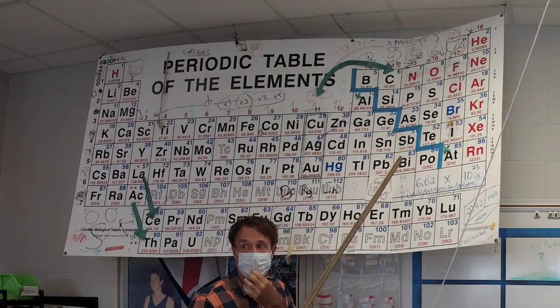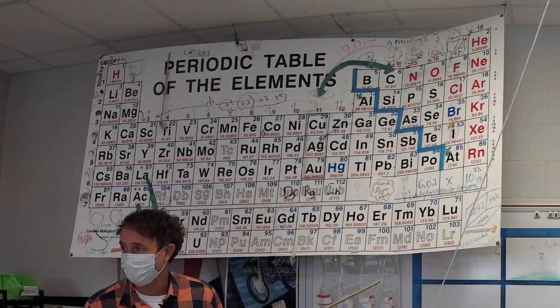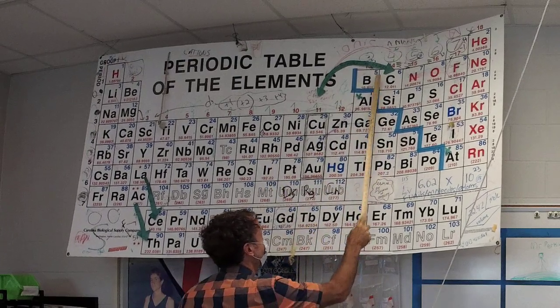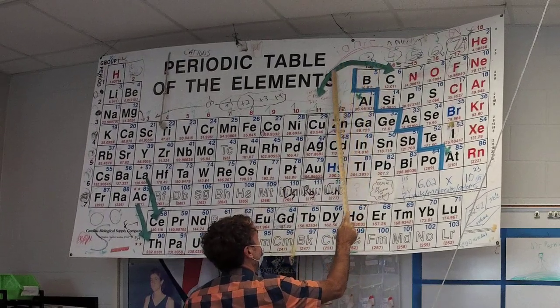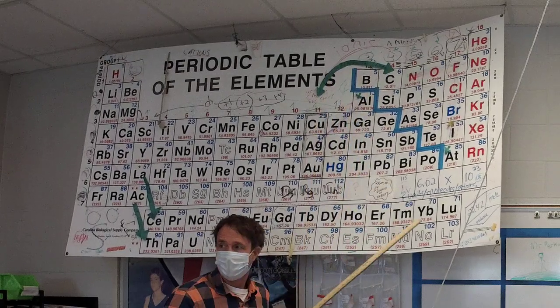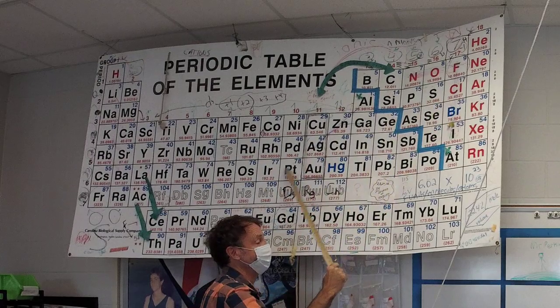So if an ionic bond occurs between a metal and a nonmetal, here's the thing. Ionic bonds cross the stairs. And look on my green chart, there's even an arrow that goes across the stairs and it says ionic, crosses the stairs.